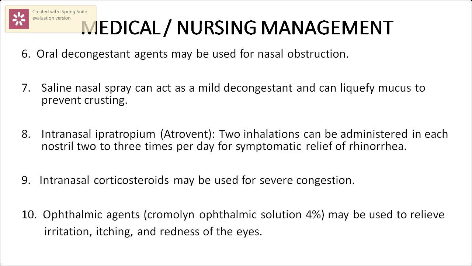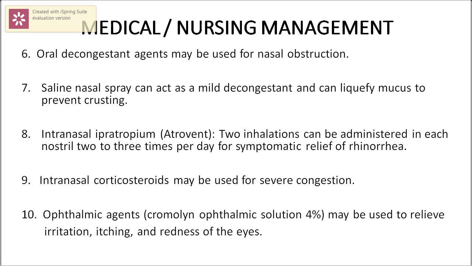Then we can also administer prescribed oral decongestant agent for this patient. It may be a patient who has nasal obstruction, severe nasal obstruction. We can give them oral decongestant agents. We can also give them saline nasal spray for people who have mild congestion, so that the mucus can be liquefied to prevent crusting.